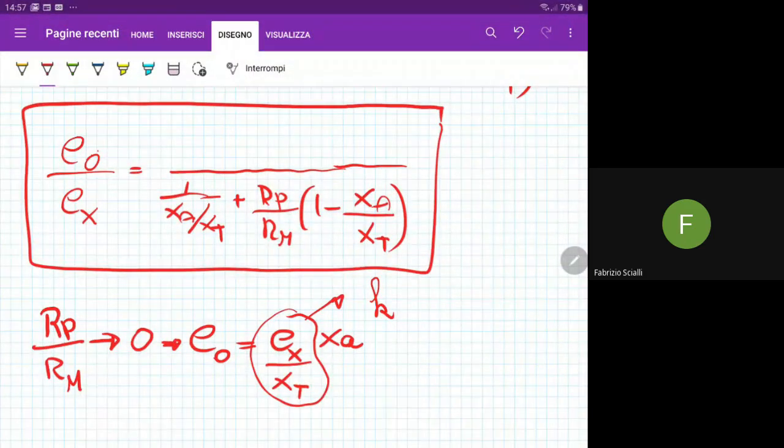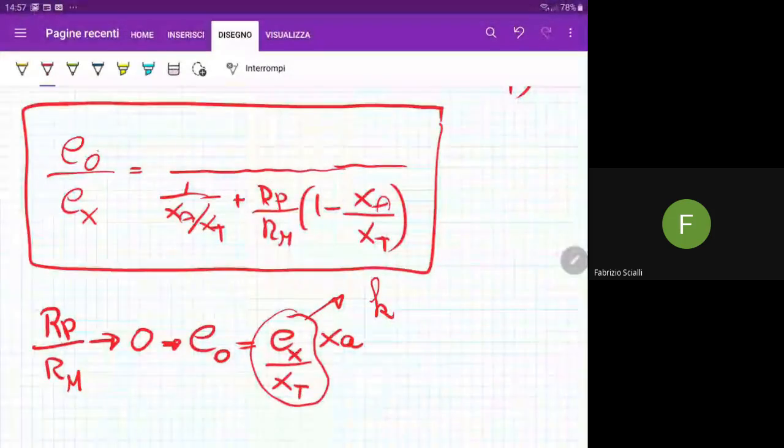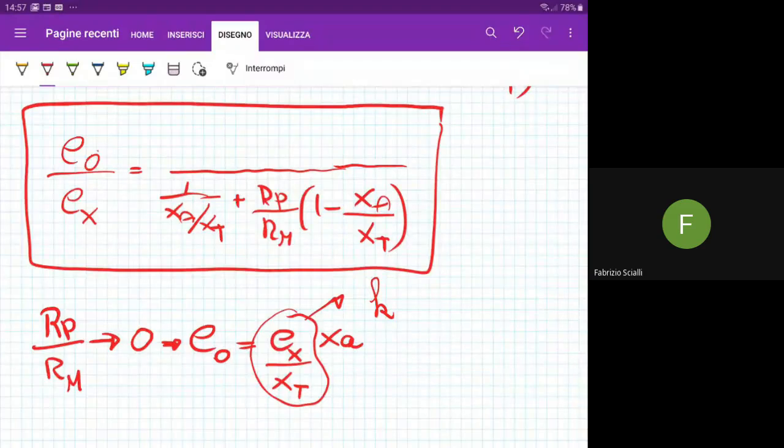That is what I'm measuring. E_X is known, but the ratio X_A over X_T is your unknown quantity. As you can see, it's a non-linear relation, and it depends not only on the measure itself, but also on physical quantities inside the transducer, R_P over R_M. So it is not a good condition.